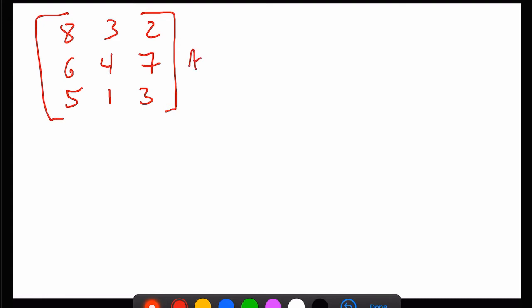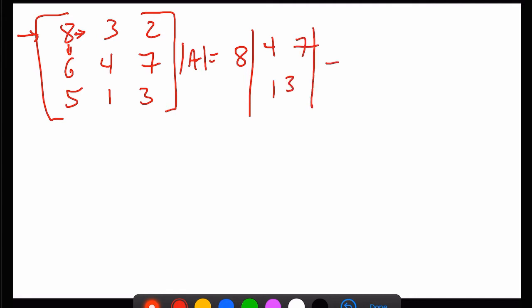So the determinant of A equals, and again, let's just take the first row: 8 times, get rid of the row, get rid of the column, 4, 7, 1, 3. Then minus 3, and again, that 3 is A1,2, 1 plus 2 equals 3.